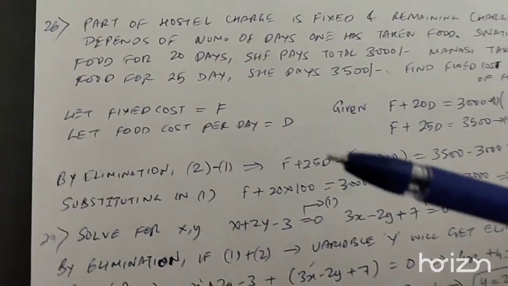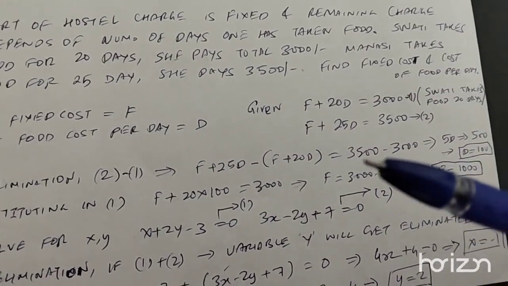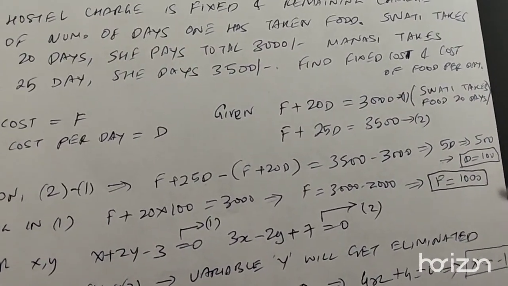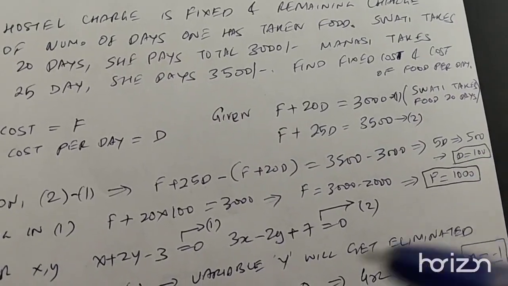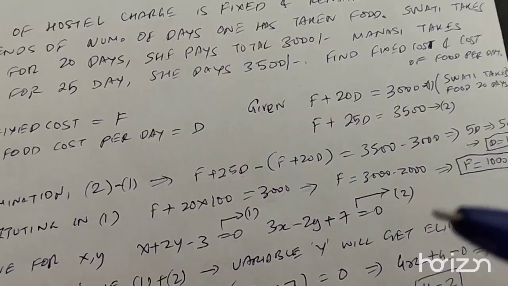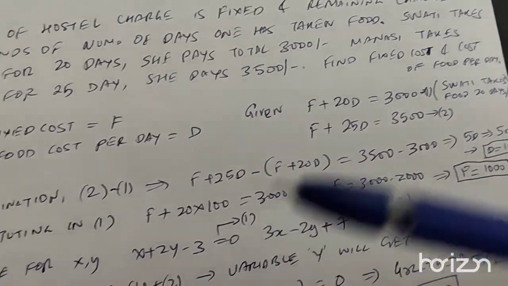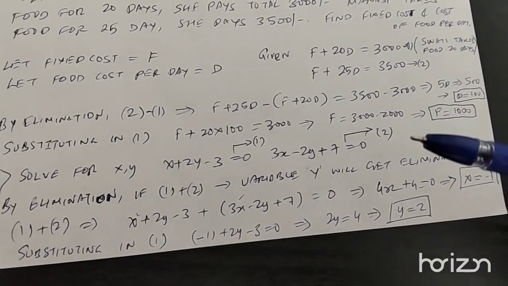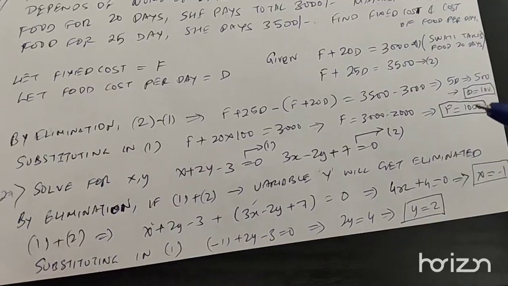By elimination you will get F plus 25D minus F plus 20D is equal to 3,500 minus 3,000, which implies 5D is equal to 500 or D is equal to 100. That is, per day cost of the food is 100 rupees. And substituting back into equation 1, you will see that F works out to be 1,000 rupees. Okay, so this is the answer, friends. The fixed cost is 1,000 rupees, whereas per day food cost is 100 rupees.